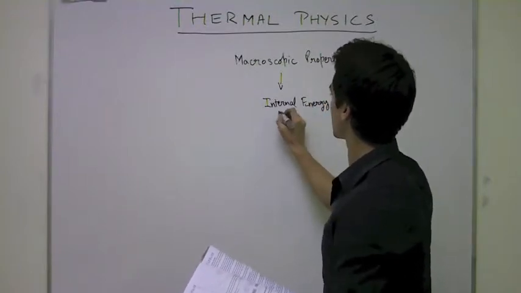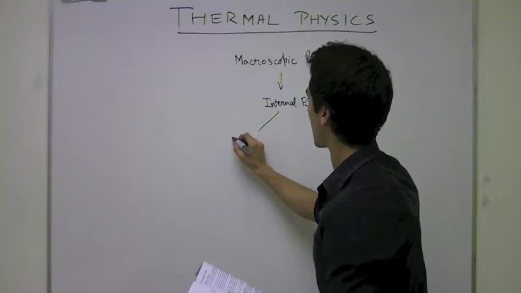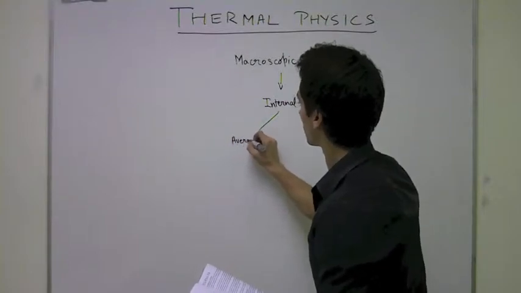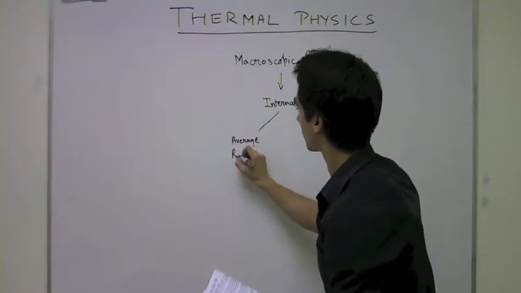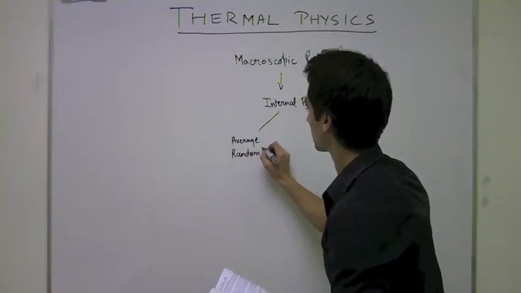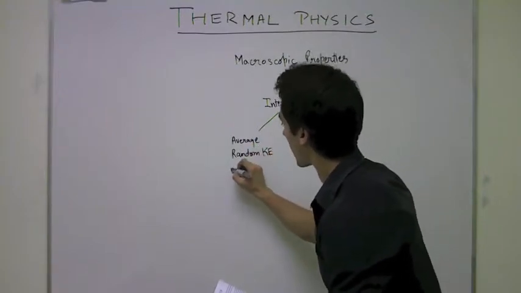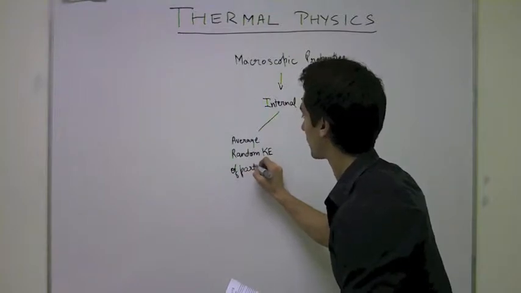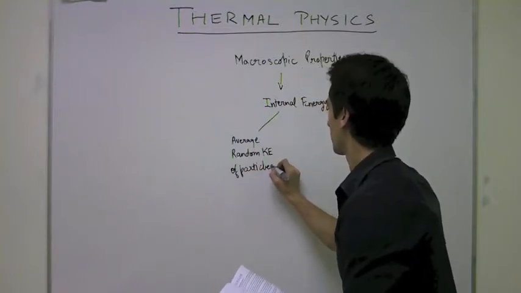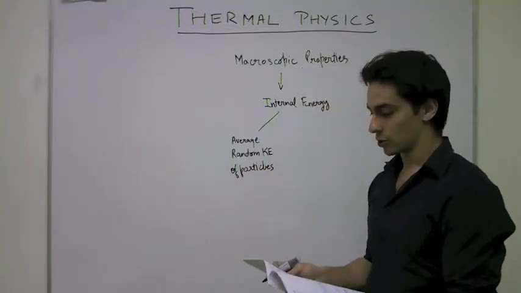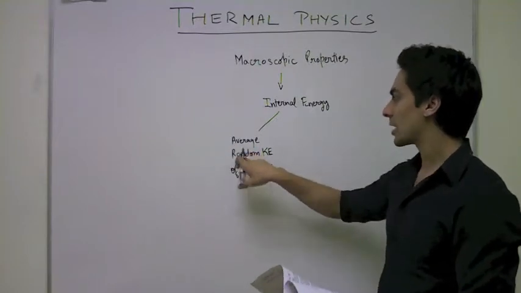Internal energy is the sum total of the average random kinetic energy of the particles of a gas or solid or liquid. So average random kinetic energy.